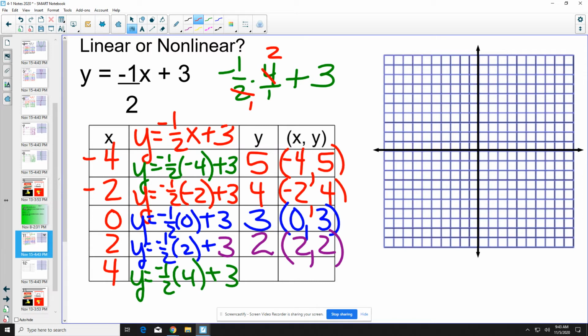A negative times a positive is a negative. If I multiply across, I get negative 2 over 1, or negative 2. Now I'm adding 3. Negative 2 plus 3, are they the same or different? They're different. Do I add or subtract? Subtract. 3 take away 2 is 1. It's positive 1 because the higher number is positive. So now my last point is 4, 1.